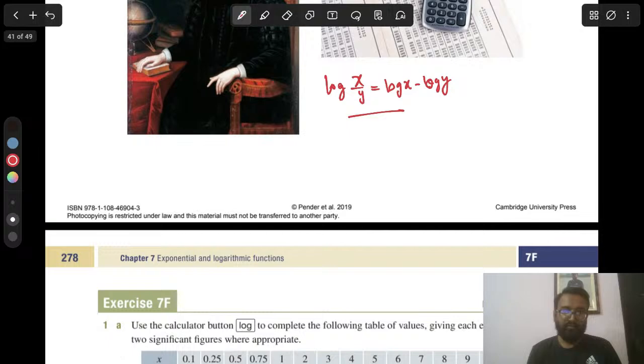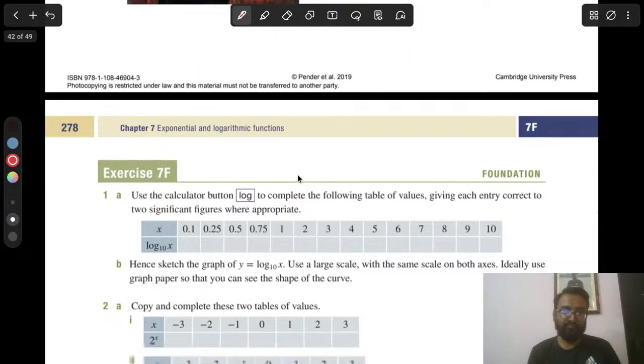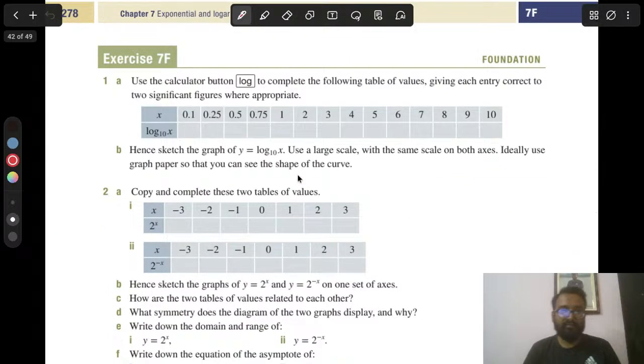So it is a small story going by. Now 7F. Use the calculator button log to complete the following table, giving the entries to two significant figures where appropriate. Log means log base 10. So you can fill it in, and plot the graph of log x base 10.